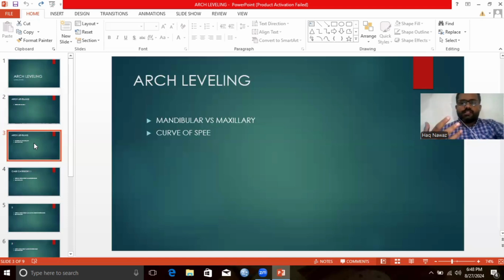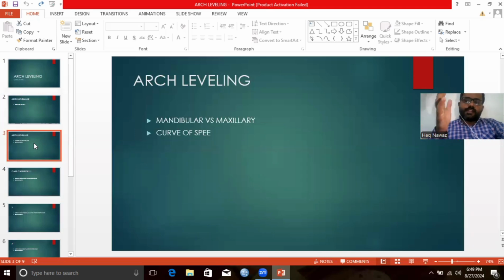How will we identify whether the problem is in the mandibular arch or maxillary arch? For the mandibular arch, it is very simple. If the curve of Spee is increased, 98% the problem is in the mandibular arch. For the maxillary arch, there are various clinical indicators which we will discuss in another video.